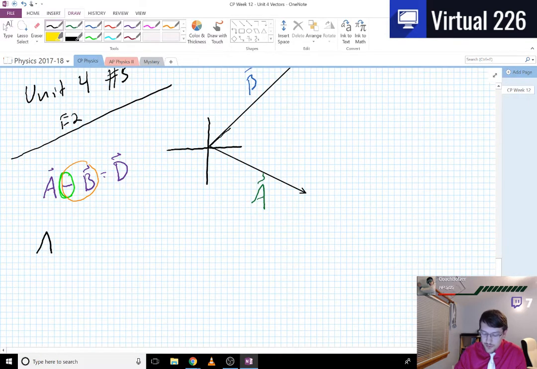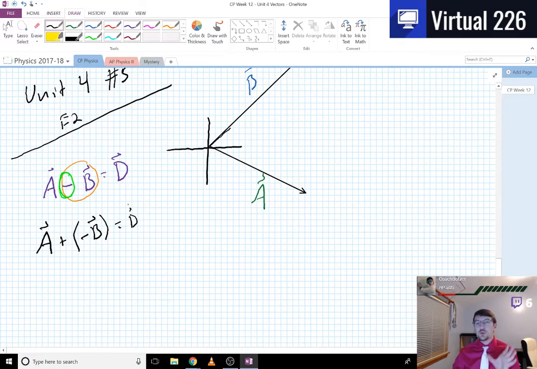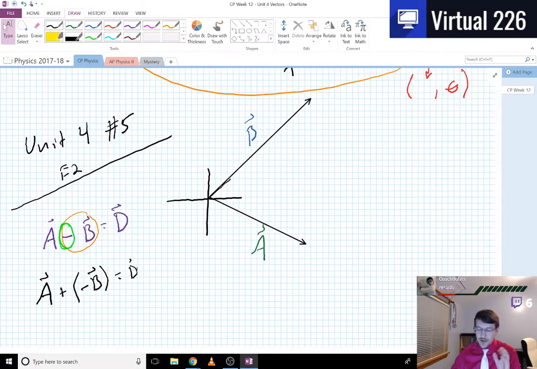What we're really doing is we're saying, what is A plus, head-tail method, that's what the plus sign is, vector negative B. So we want the negative B vector here. In order to get the negative B vector, we need to ask ourselves this question: how can I get a negative of a vector?